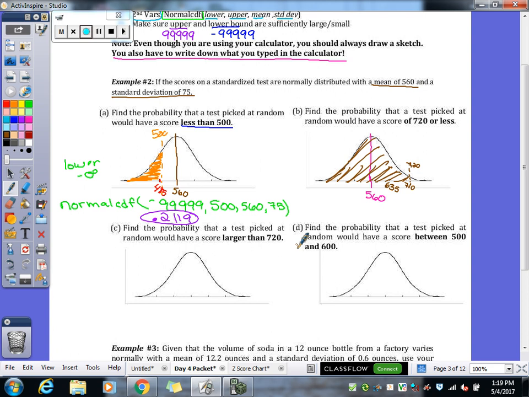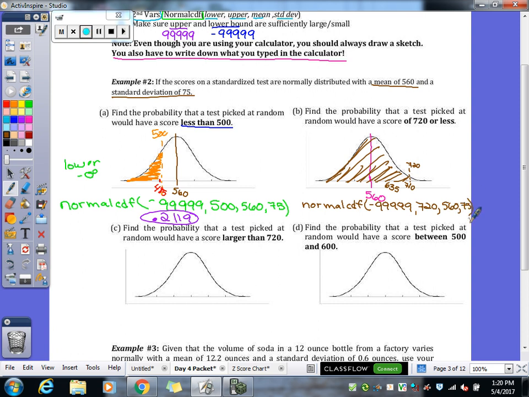So since it wants the or less, what is our lower bound going to be? When it wants the or less, your lower bound is negative 99,999. Our upper bound, which is our next number, is where we're stopping at. We're stopping at 720. Our third number is our mean.